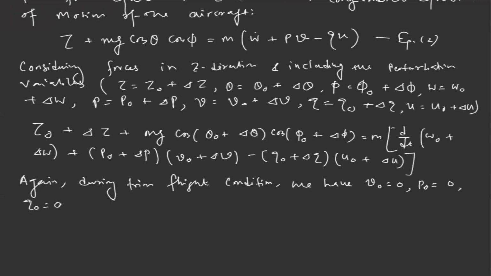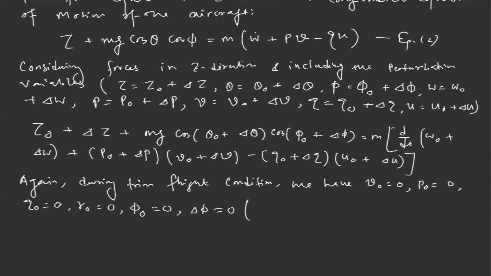So rates and the sideslip velocity we assume to be 0 in the reference situation or the equilibrium situation, and R naught equal to 0 and phi naught equal to 0, and del phi also assumed to be 0.